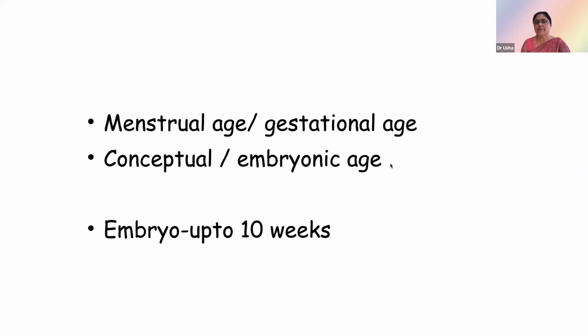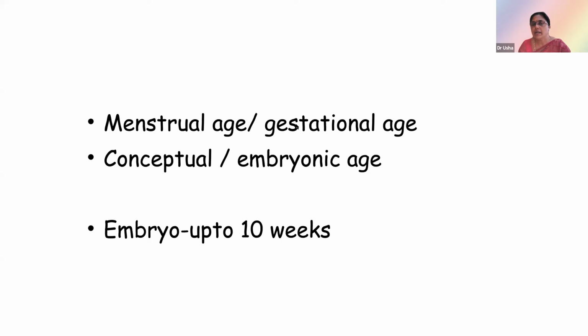We should understand the difference between the menstrual or gestational age and the conceptional or embryonic age. The menstrual or gestational age is what we use clinically, calculated from the last menstrual period. The conceptional or embryonic age is used mainly by embryologists, calculated from the day of fertilization. It takes approximately 14 days for ovulation to happen in a regular cycle, so there is a 2-week difference.